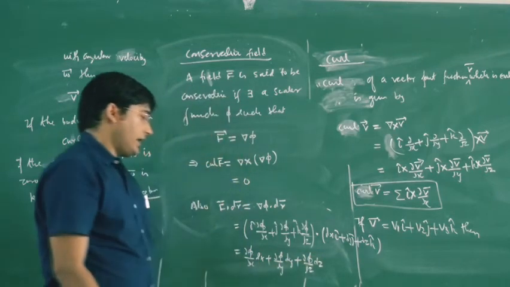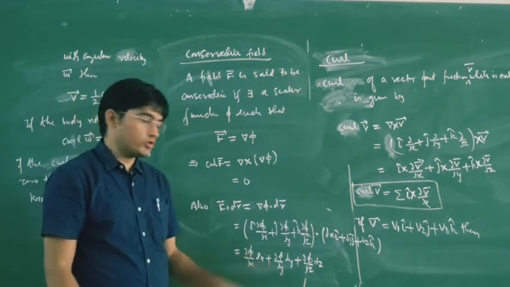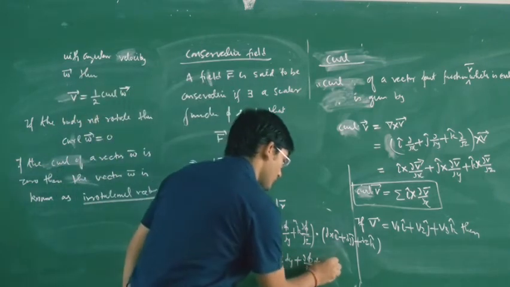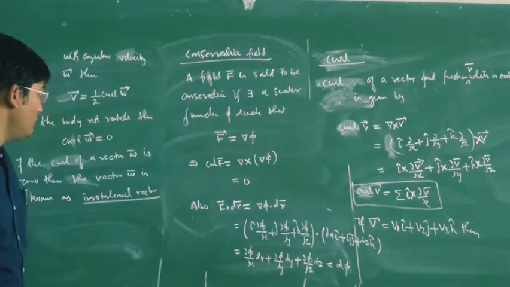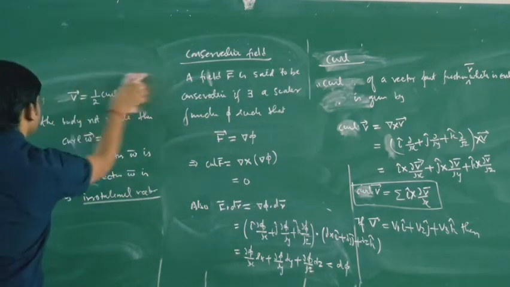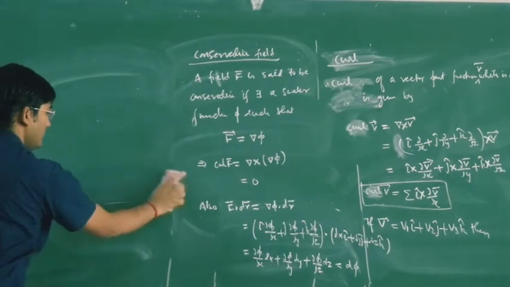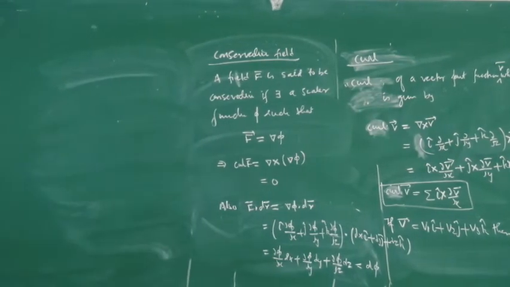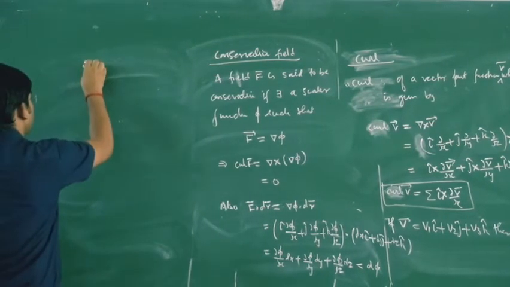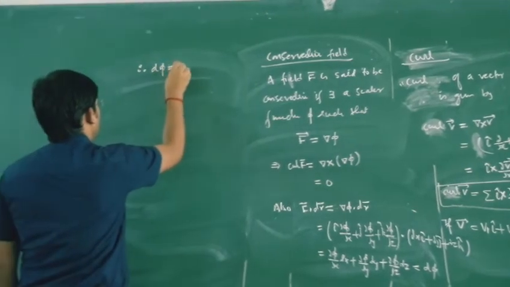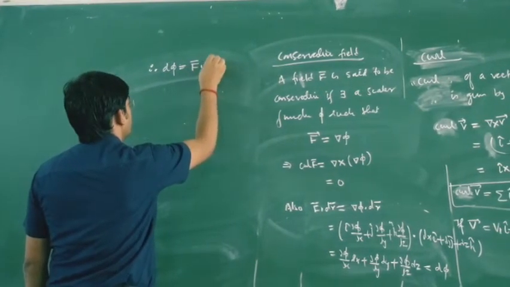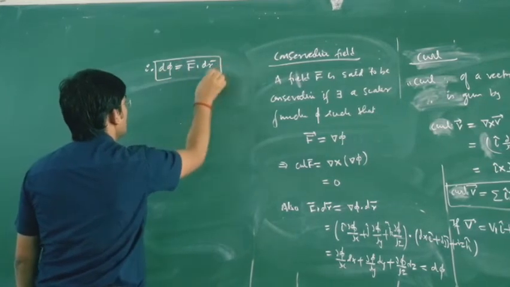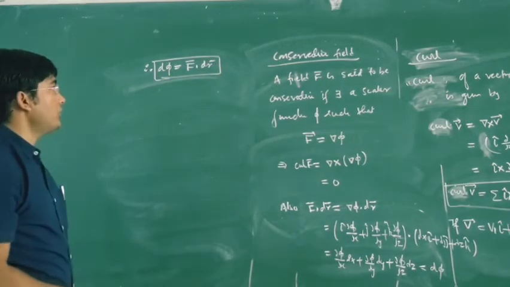And this is your definition of the total derivative. So this is equal to d of phi. So from here you can say that d of phi is equal to F dot dr if the field is conservative.